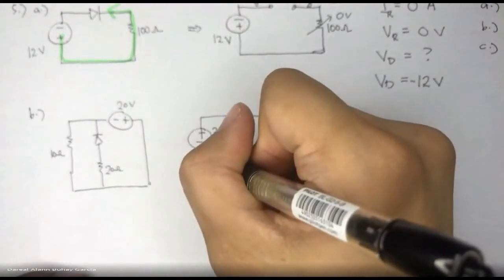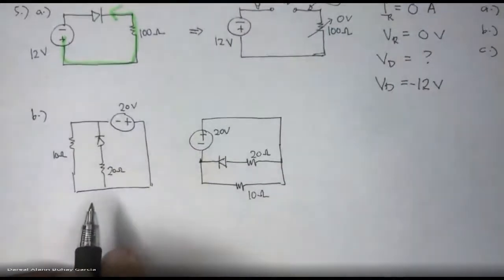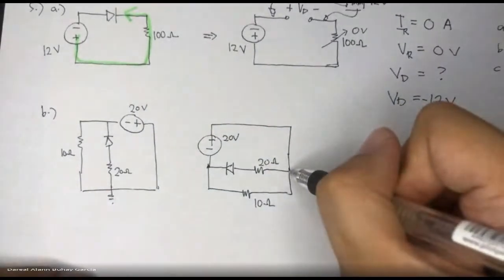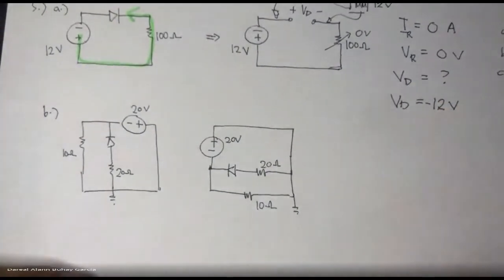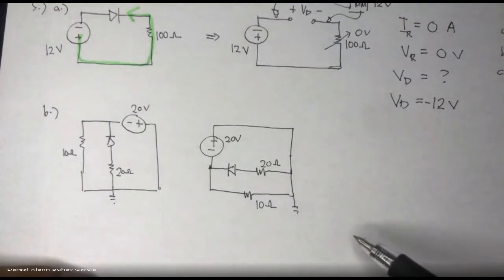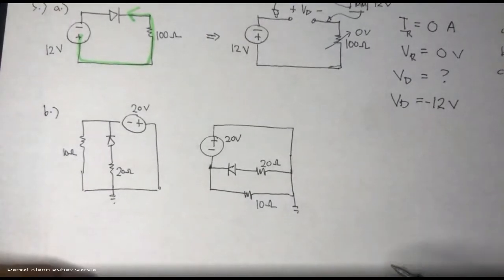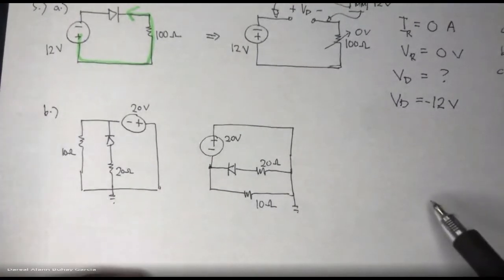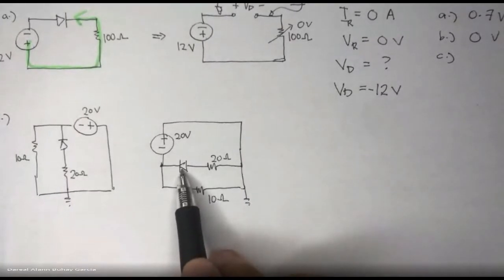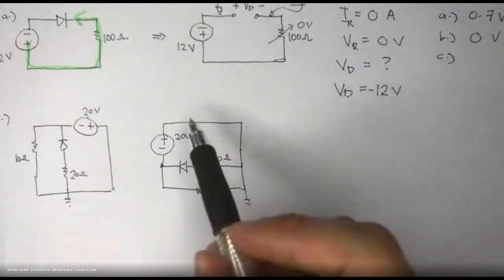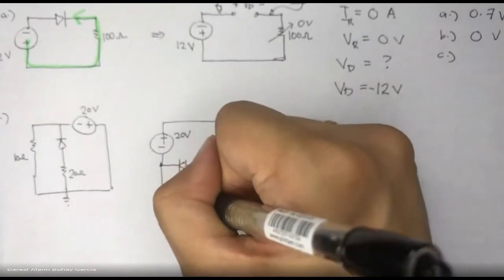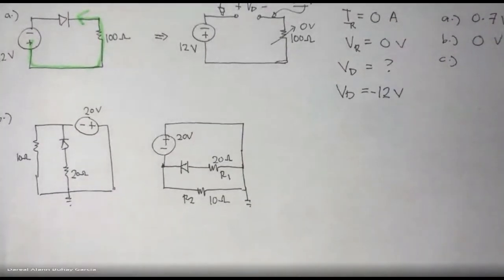So originally this is our ground, so the ground is here. Yeah. Okay, let's assume that it is on, no? Because this is R1 and this is R2. So resistance 1, resistance 2. Or resistor 1, resistor 2.